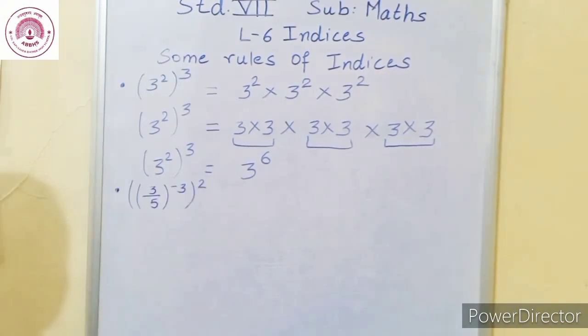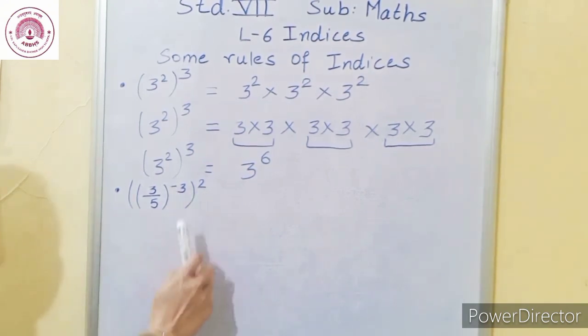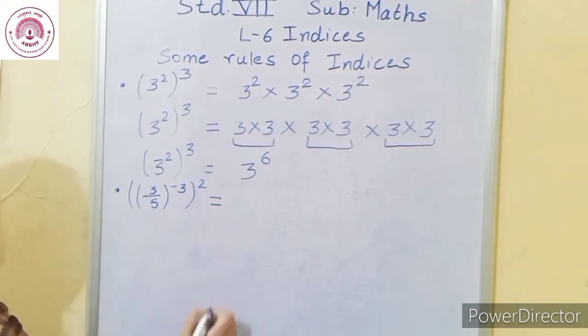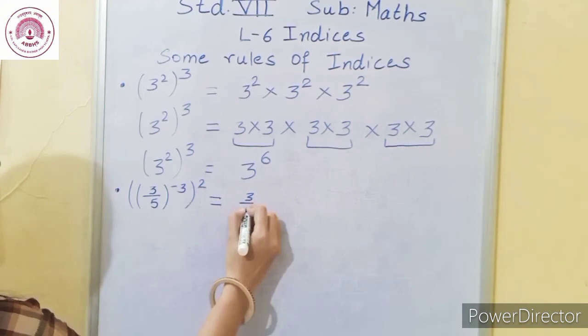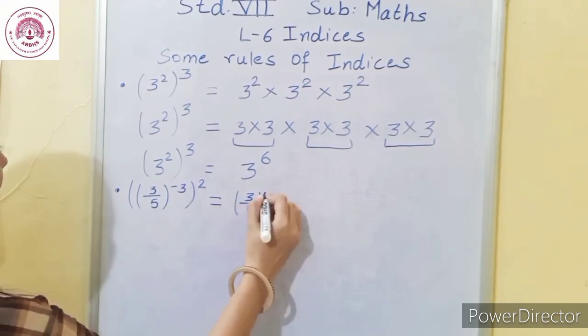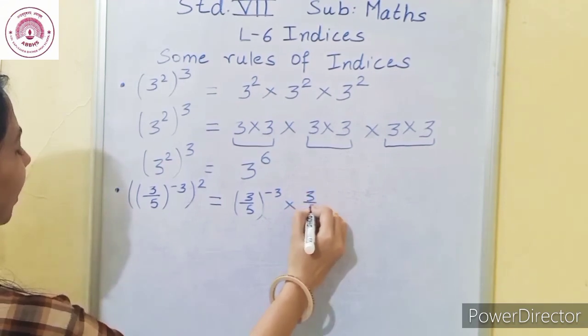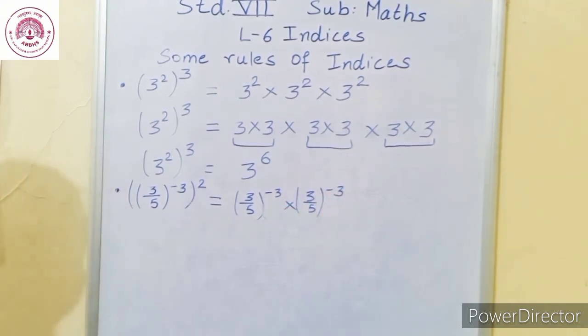You can see 3 by 5 raised to the power minus 3 is an index form and 2 is the power of this index form. Now, in multiplication form, it can be shown as 3 by 5 raised to the power minus 3 multiplied by 3 by 5 raised to the power minus 3.